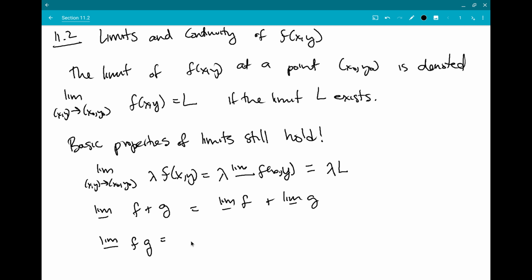The limit of a product is the same as the product of the limits. And I'm just going to tell you, multiplication and division are the same thing. So if you have the product rule, you have the quotient rule. All of this is to say that you don't need to write these things down or commit them to memory. Probably there's something that you intuitively feel you can do with limits already, and I'm just telling you, you can still do those things.